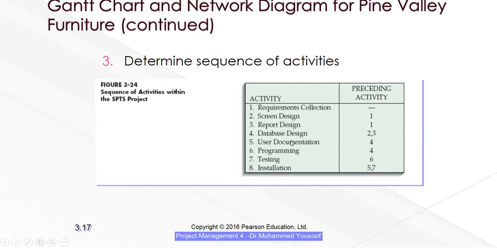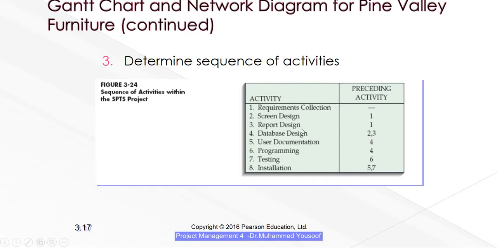Only when 4 is done you can do 5 and 6. 7 depends on 6. Only when the programming is complete you can test it. Installation depends on 5 and 7. So from here what you can understand, the first task you will do is this one.